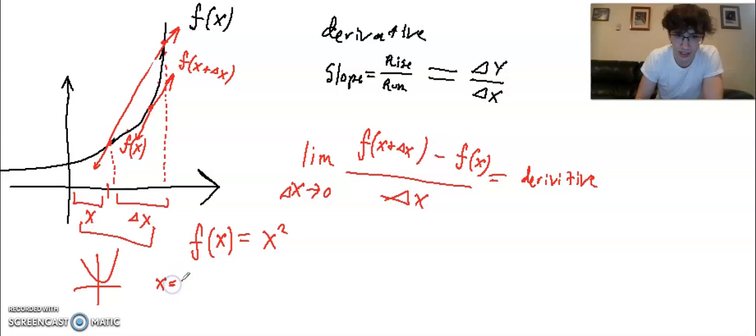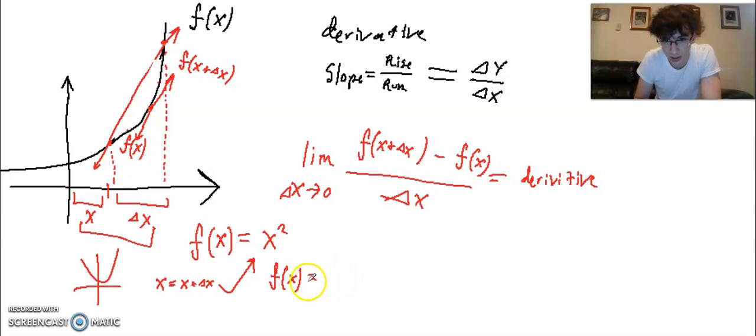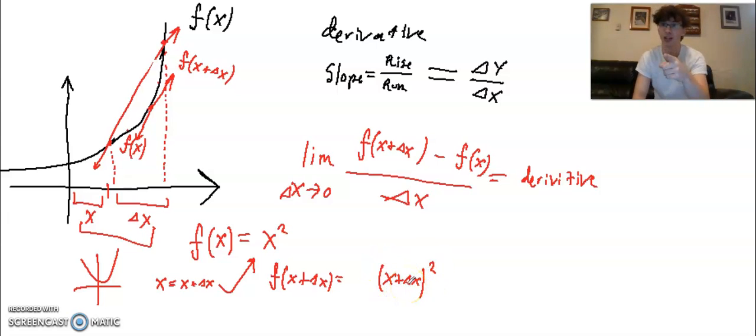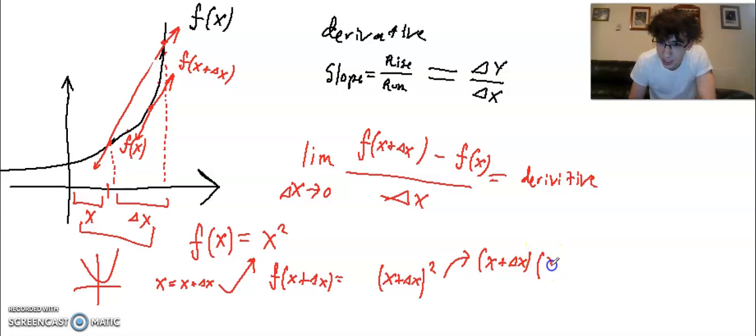So let's write that. x equals x plus delta x. And we're just going to plug that into the function. So f of x plus delta x equals x plus delta x, quantity squared. Remember that. And we also need to FOIL. So this will also equal x plus delta x times x plus delta x.